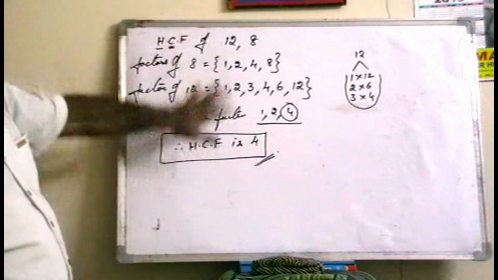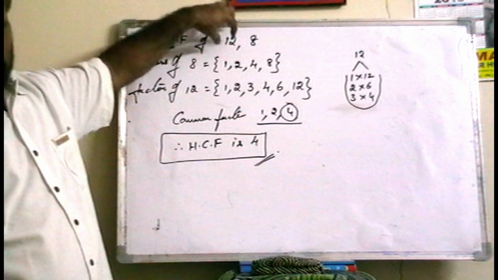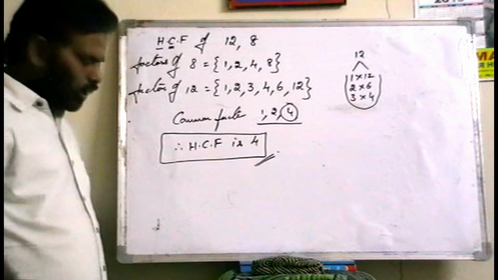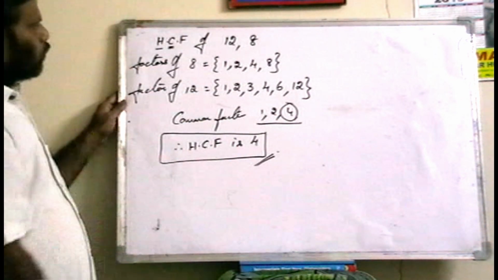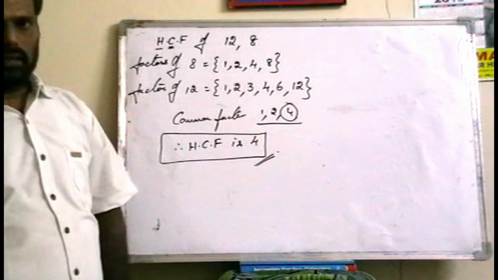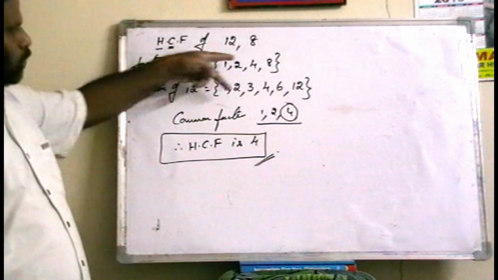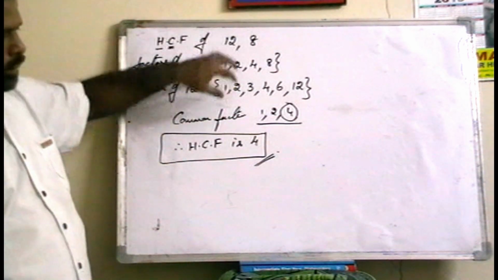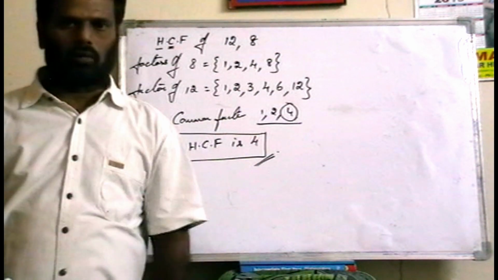This is the general factorization method, the minimum basic method to find the highest common factor of two positive integers.